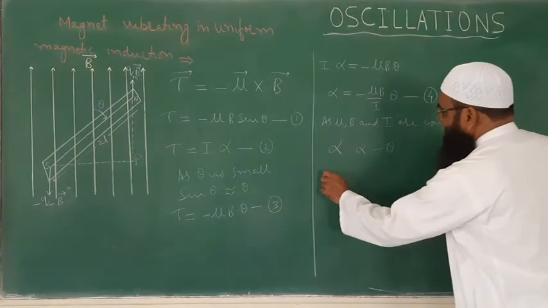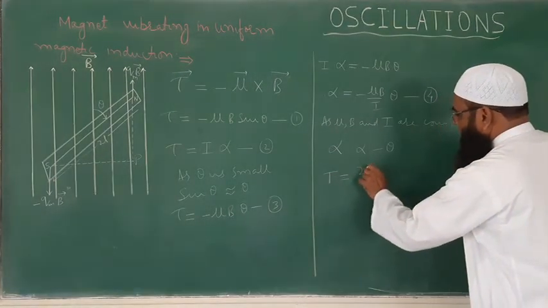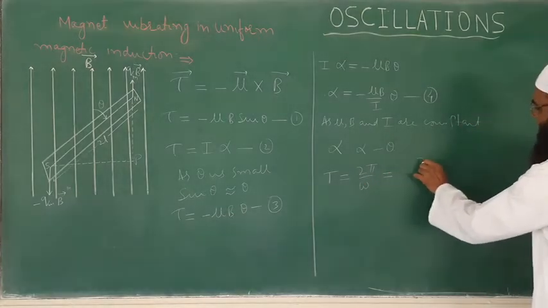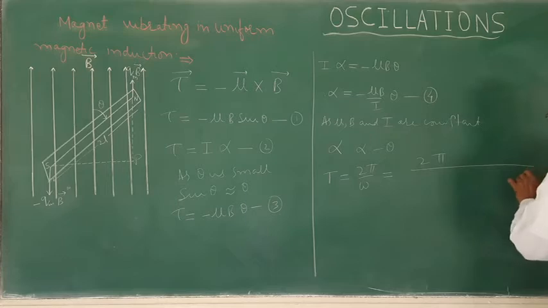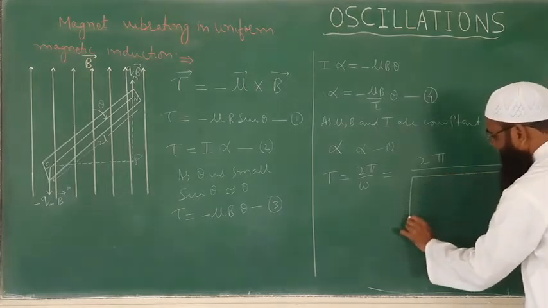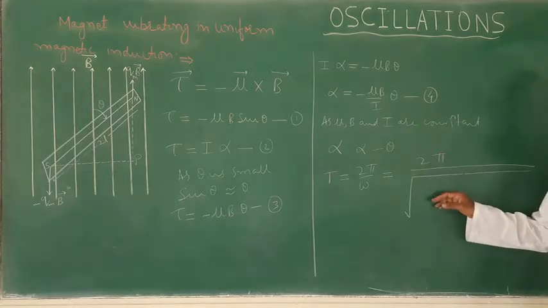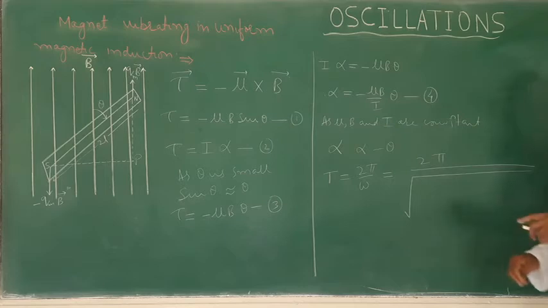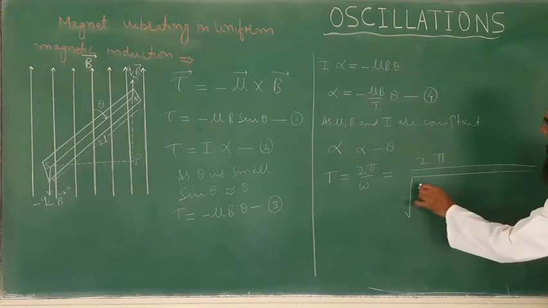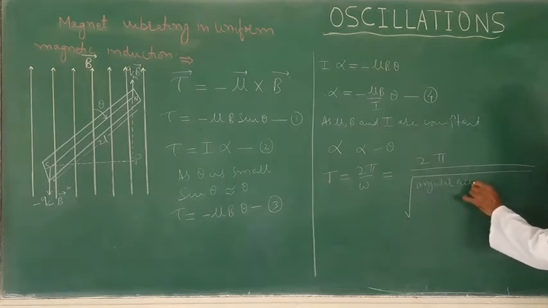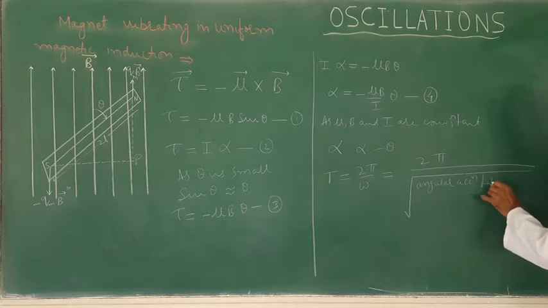The time period is T equal to 2 pi upon omega. As in linear SHM or the simple pendulum, we have written the time period as 2 pi upon the square root of acceleration per unit displacement, so for this vibration of the magnet we use angular acceleration per unit angular displacement.